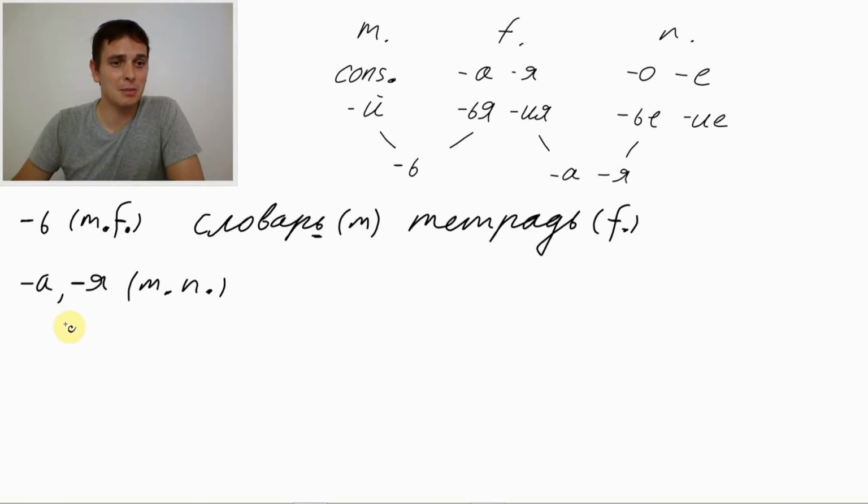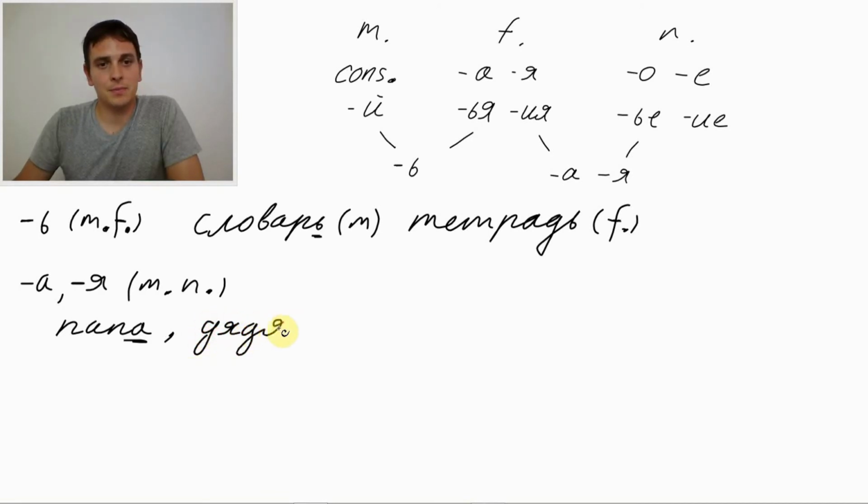So papa, for example, is father. Papa is father, ends in a, can only be male. Then дядя is uncle. Дядя ends in ya. Uncle can only be male. In Russian, everything that's 100% male is male. Then дедушка is grandfather, ends in a, and дедушка can only be male.